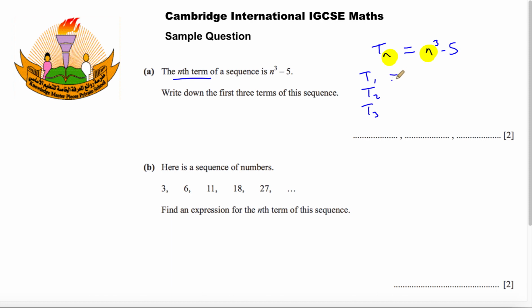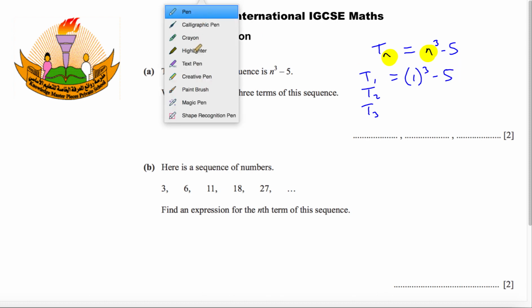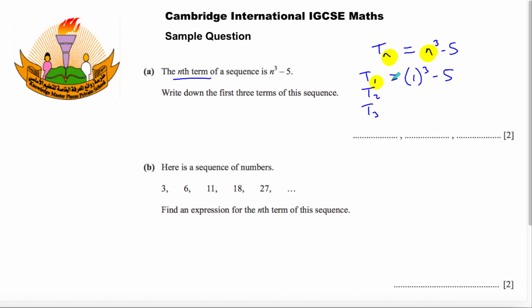Well, T1 will be equal to, we're going to replace the n here with the number 1. So T1 would be 1 cubed minus 5. So you can see here what we're doing is replacing the n with the 1 because we're looking for T1. And 1 cubed is 1 by itself 3 times, which is 1, minus 5, which is negative 4. So the first term is minus 4.